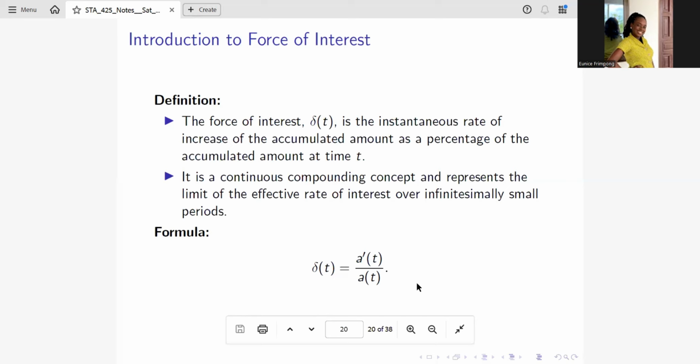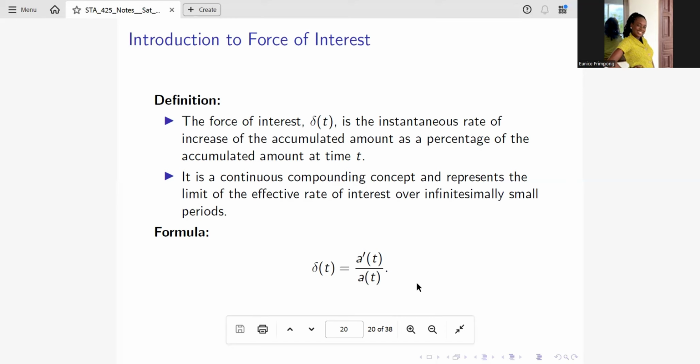If you remember, we spoke about accumulated amounts in our class last week, and we are saying that this force of interest is trying to describe that infinitesimal change, that small change. We want to see how a very small instantaneous rate of increase of the accumulated amount, that's a very small change in the accumulated amount, compares to the current accumulated amount.